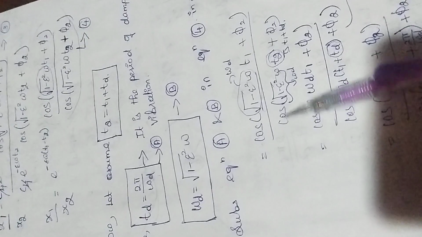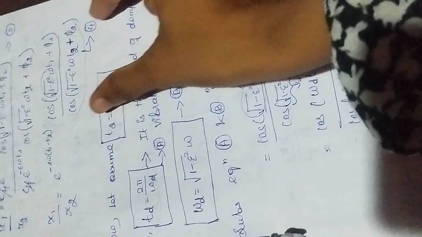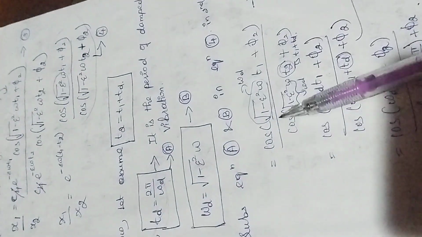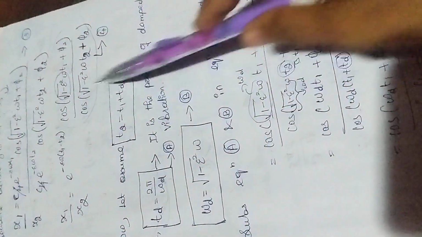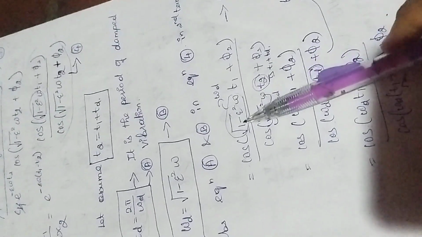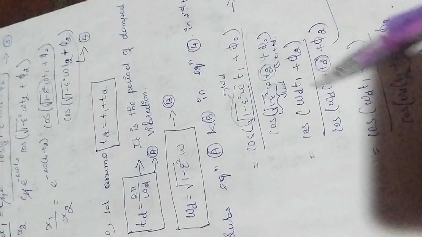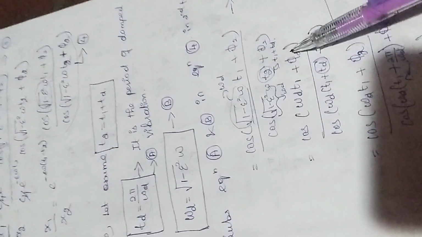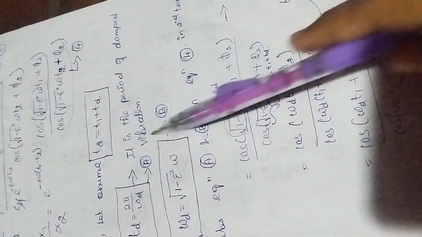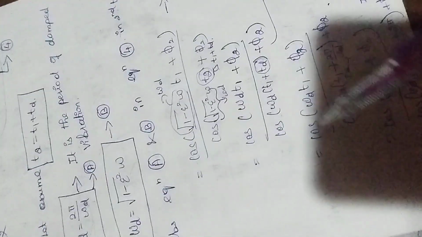Now you will get this equation: cos of, first this term you have to solve. Root of 1 minus eta square omega is omega d. We have to substitute here t1 and phi 2, and this is omega d, and t2 is t1 plus td.